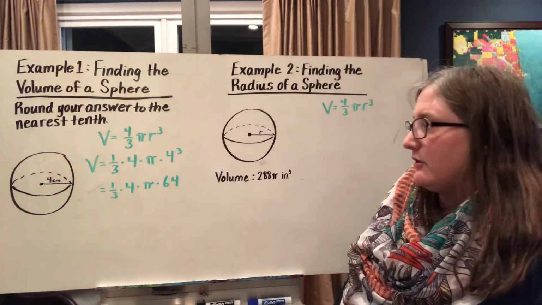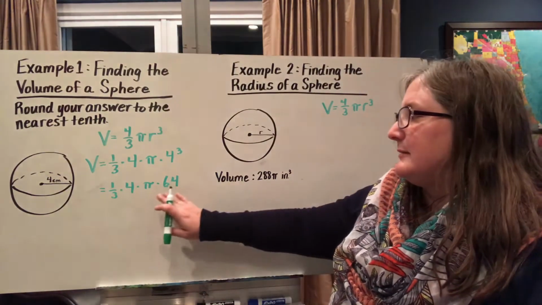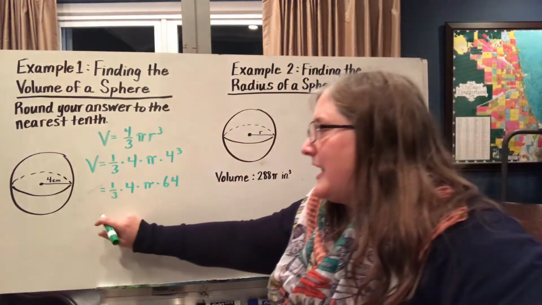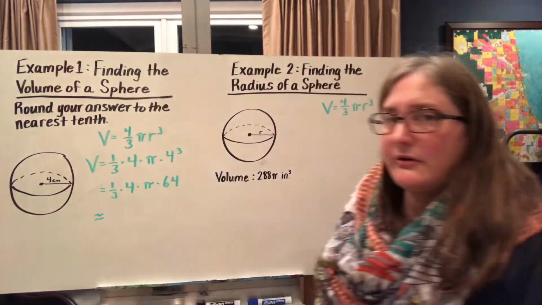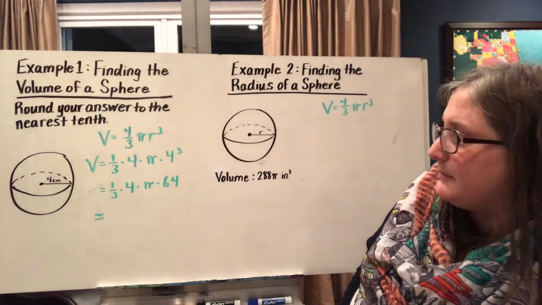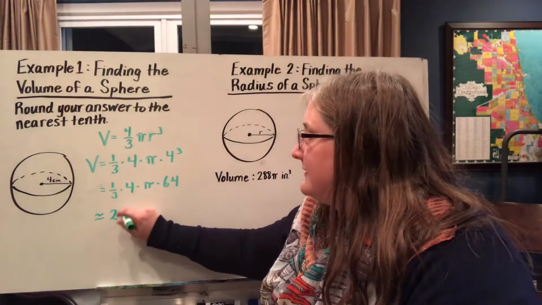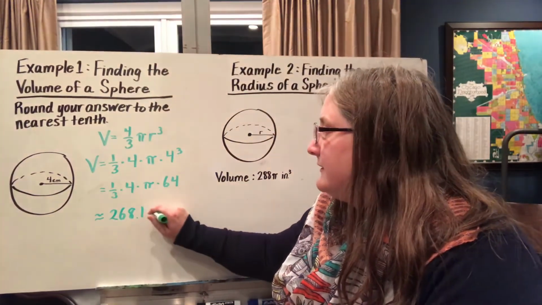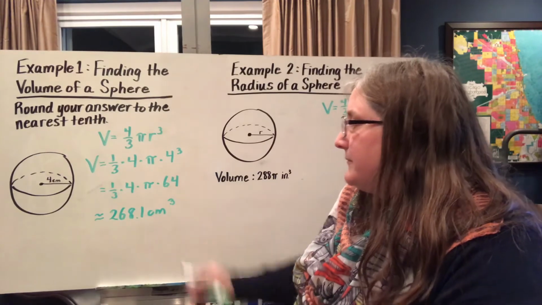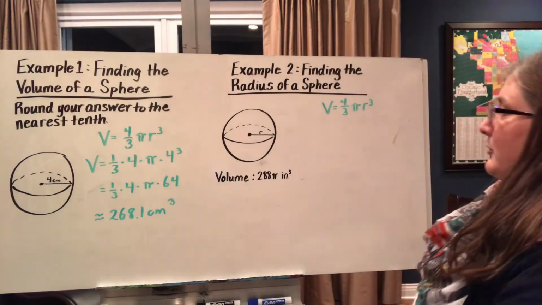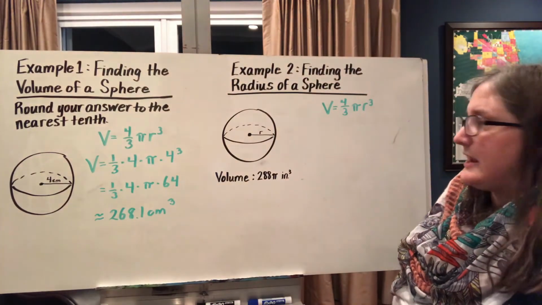Now to plug this in my calculator, I'm going to do 4 times pi times 64, and I'm going to divide by 3. And we're going to round our answer to the nearest tenth, and it's going to be approximately a volume of 268.1 centimeters cubed.